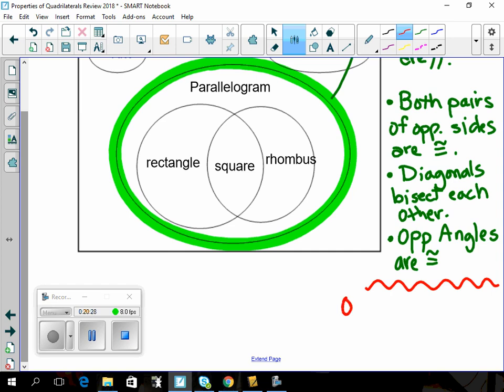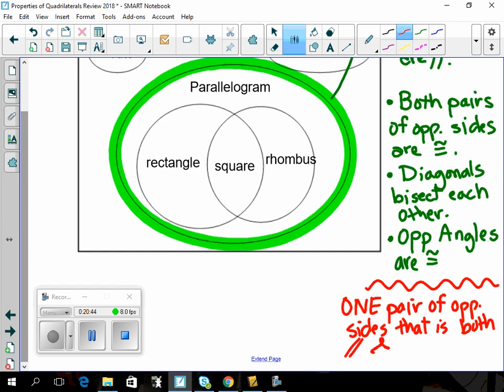If I have one pair of opposite sides that is both parallel and congruent, then it has to be a parallelogram. And I'm even going to write that this is a way to prove, all the others are as well, but this is a way to prove that something is a parallelogram.